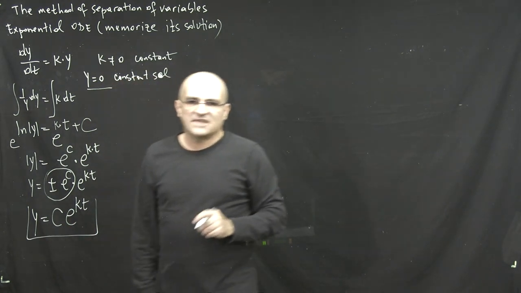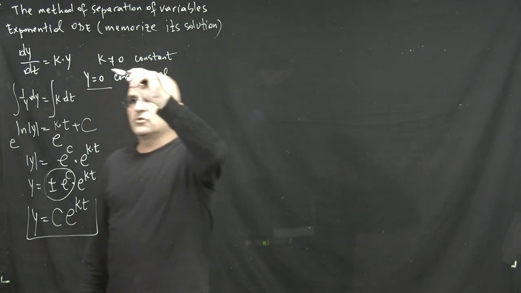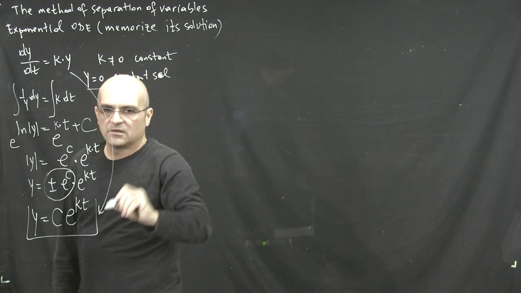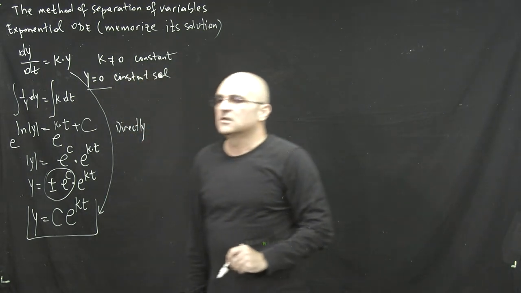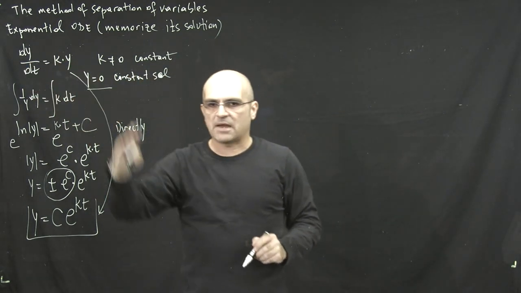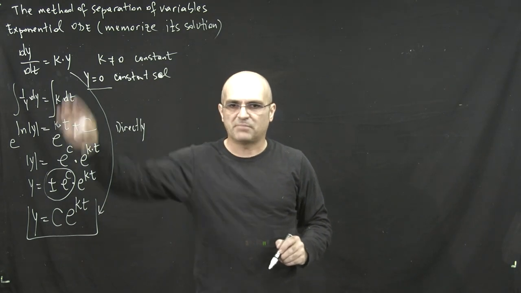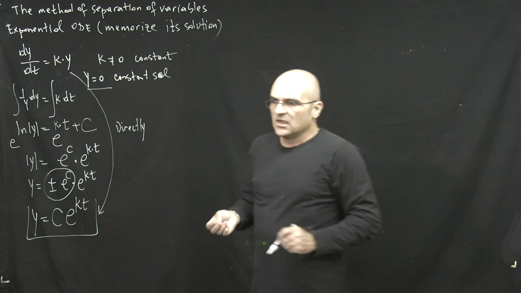So in the interest of saving time, it's very important from this point on to go directly from an exponential ODE stated as a problem, dy/dt equals ky, to the solution. Bypass these steps, just memorize the solution to save time.